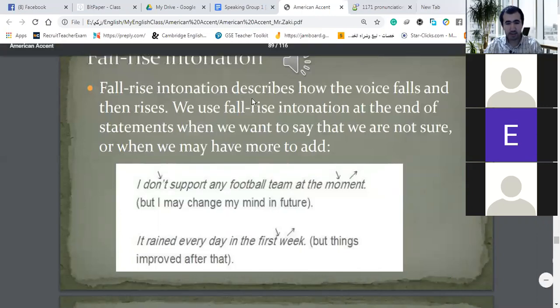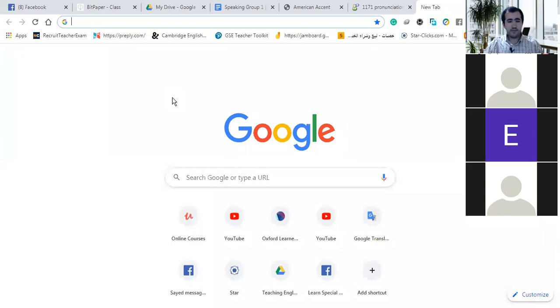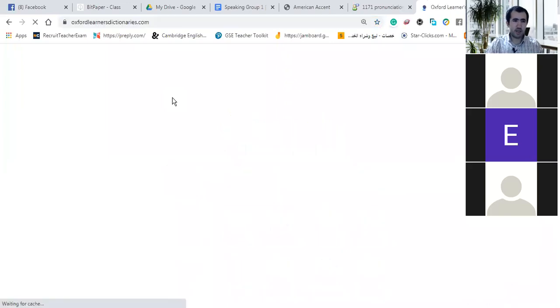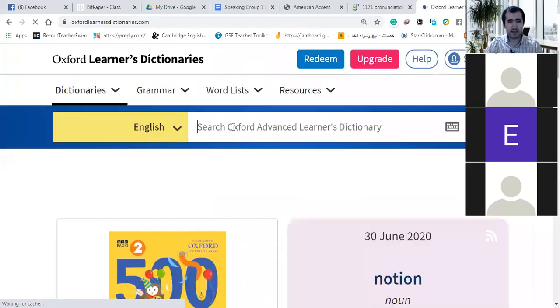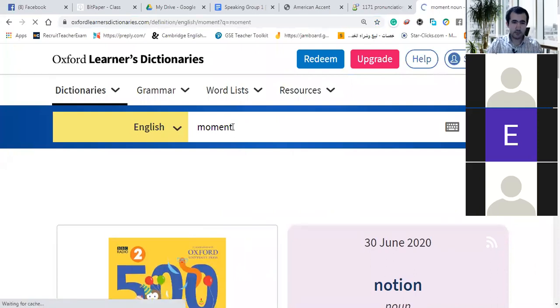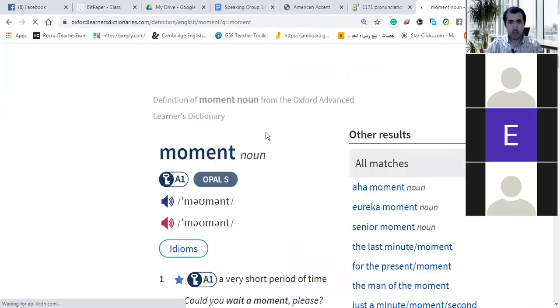If we check the dictionary, you'll see that usually the rising intonation means stressed syllable. And we talked about what is meant by stressed and unstressed.